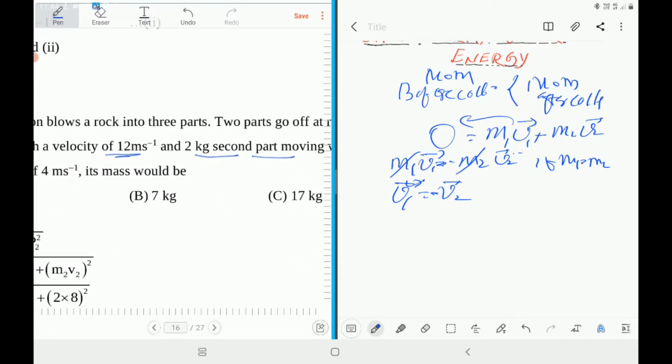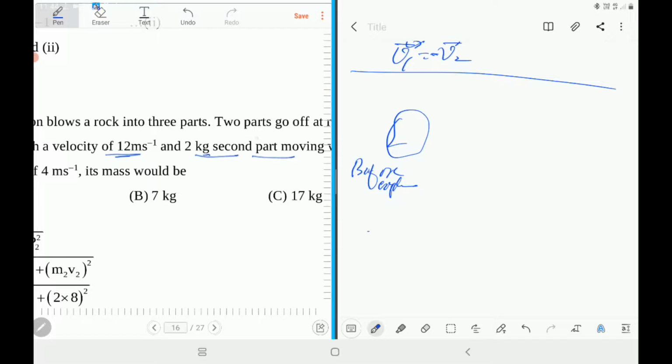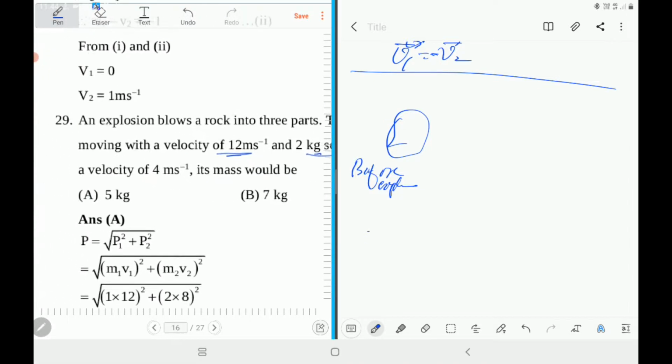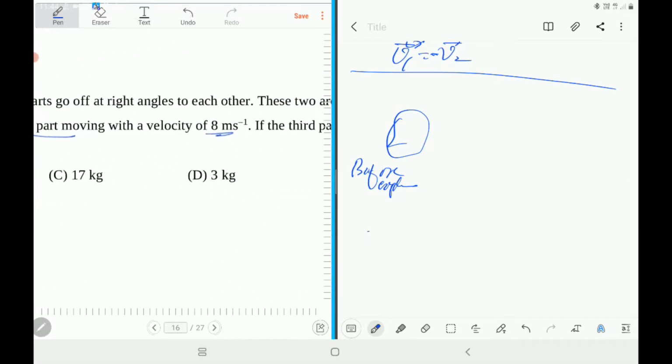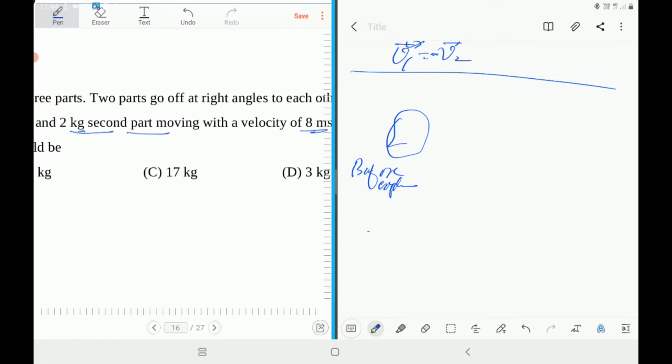Its mass would be, you just think of the situation, there is a rock. This rock breaks. This is before explosion. What is total mass? Third piece flies off. We don't know the mass of that third piece.